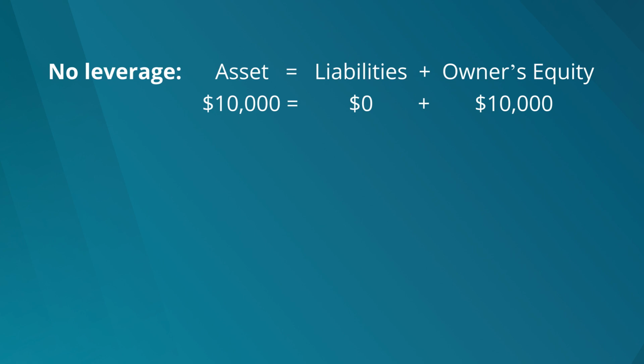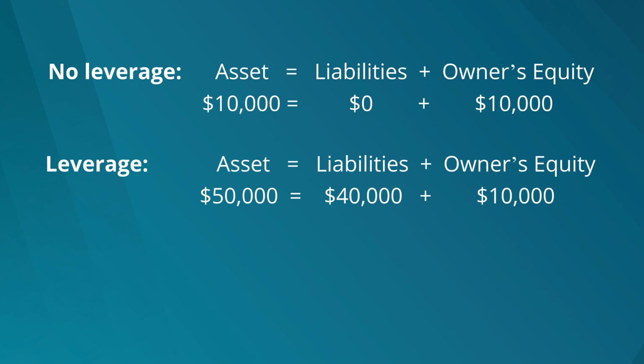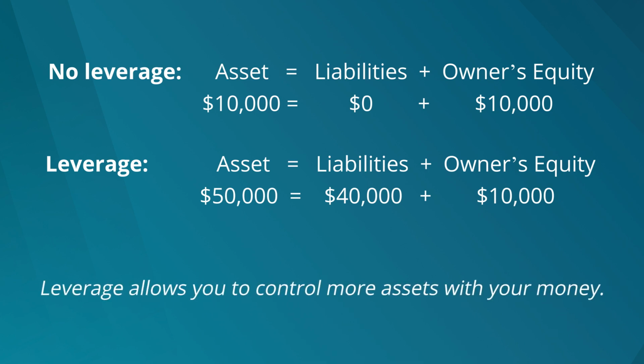So $10,000 of cost, $10,000 of my money, no leverage. But I might like to acquire a bigger asset, but I only have $10,000. So if I take my $10,000 and borrow $40,000, I can now purchase a $50,000 asset, right? So now I'm leveraging, right? I'm able to control a $50,000 asset with only $10,000 of my money.